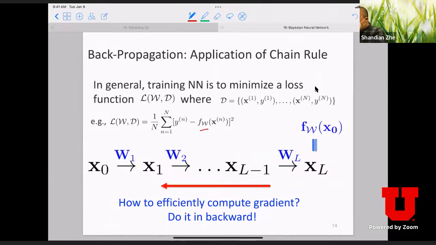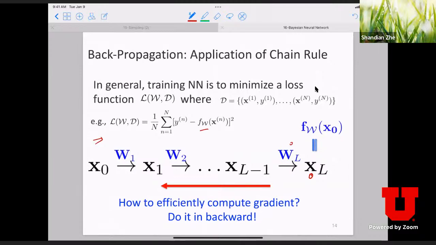The idea of backpropagation is that you reverse the computation procedure. Right? So we know that through the forward pass, you start from the input layer and compute the neurons layer by layer until you reach the output layer, right? And when you compute the gradient, you do this procedure backward. So you first compute the gradient with respect to the output and with respect to the edge matrix in the last layer.